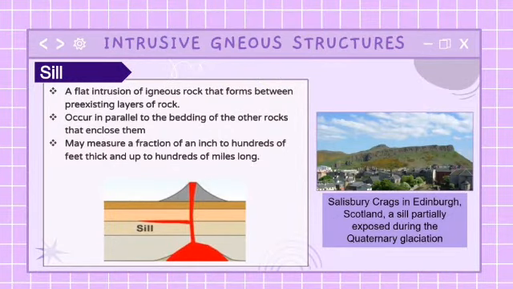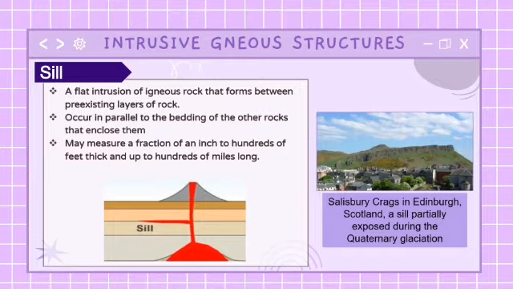Now, let's go to sill. Sill, also called a sheet, is a flat intrusion of igneous rock that forms between pre-existing layers of rock. Sills occur in parallel to the bedding of the other rocks that enclose them. And though they may have vertical to horizontal orientations, nearly horizontal sills are the most common.